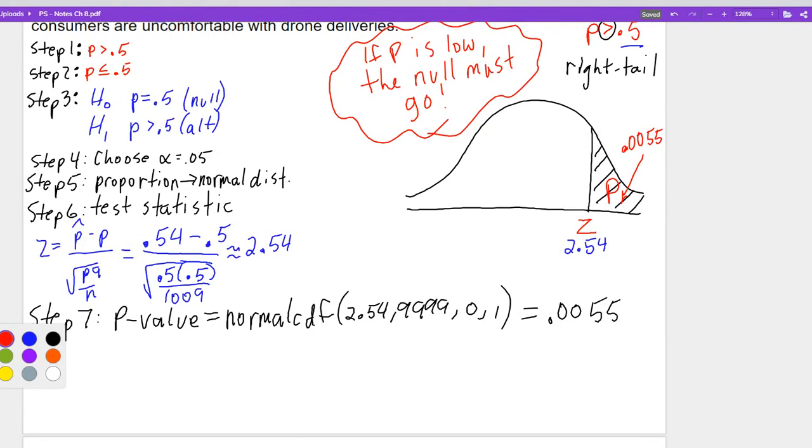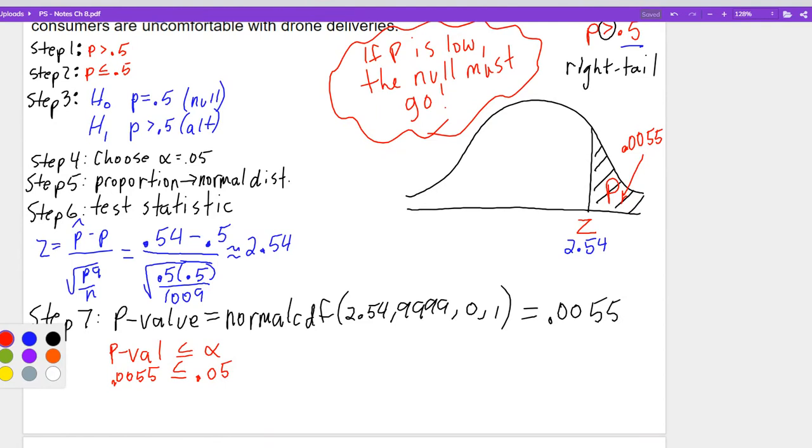Because remember, when we're talking about the p-value, we're comparing it to alpha. We're going to compare the p-value and say, is the p-value less than or equal to alpha? Well, our p-value is really low. It's 0.0055, and our alpha, remember, we chose was 0.05. We see how that p-value is less than or equal to the alpha value.